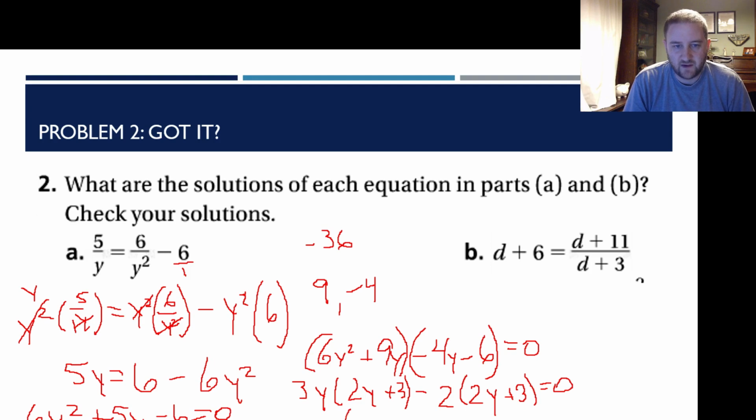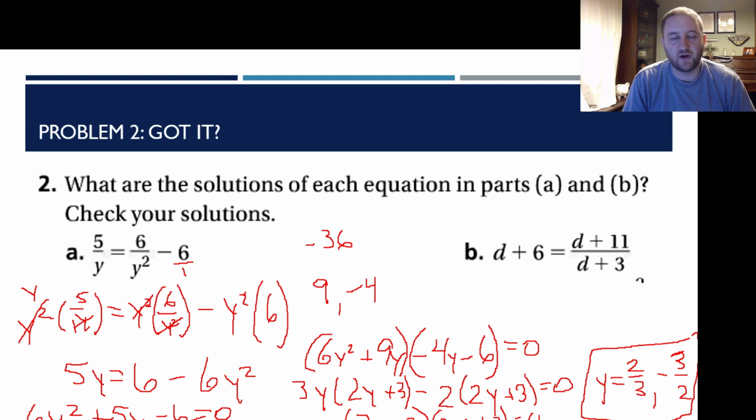So our factors are 3y minus 2 times 2y plus 3 equals 0, which gives us solutions of y equals 2 over 3 and negative 3 over 2. So that's our answers for part A.